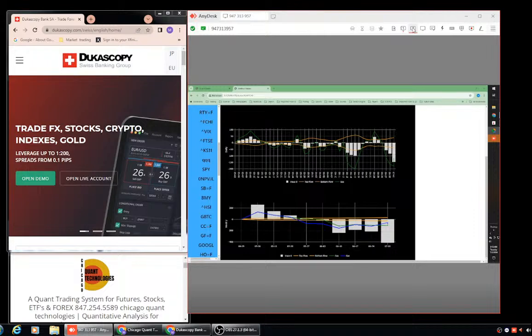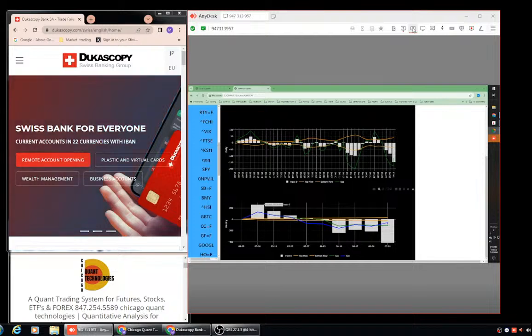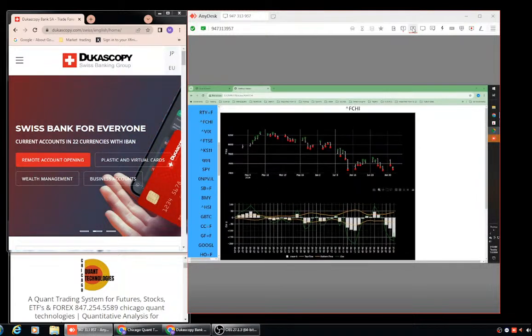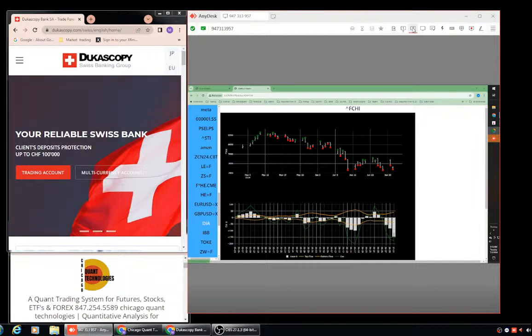And then, let's go do this one. Let's see. Let's check out the FTSE. I saw a headline where they were saying the FTSE, they're doing more betting by parliamentary members than ever before.